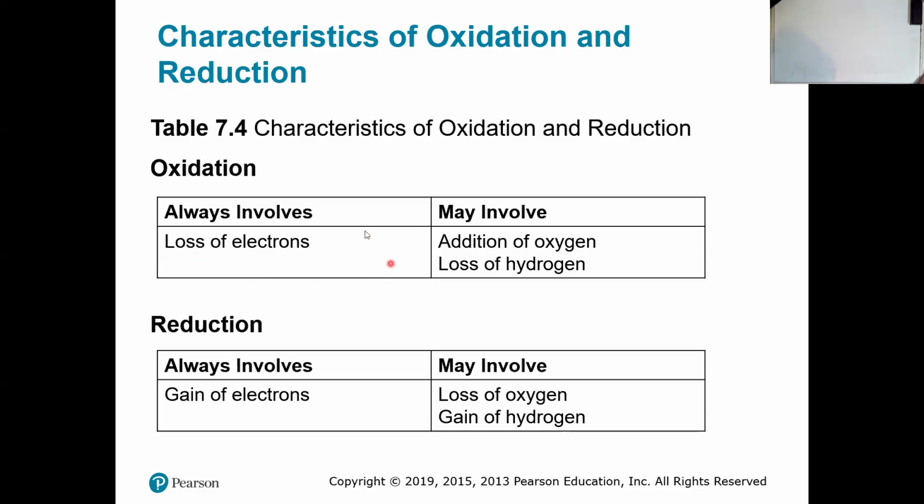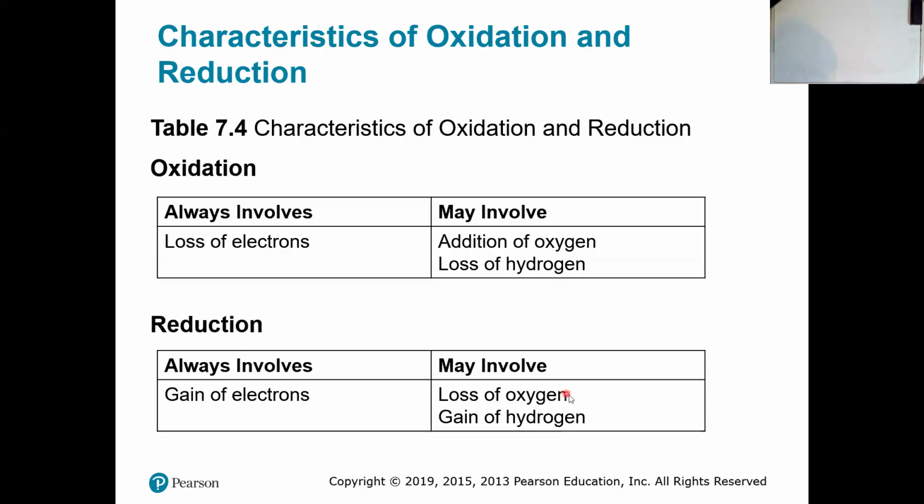Other ways that you can figure out that oxidation is occurring: you can see that oxygen has been added to something or hydrogen has been removed. Those are two things that indicate oxidation is occurring. Reduction is going to have the opposite triggers, descriptors, the opposite processes.